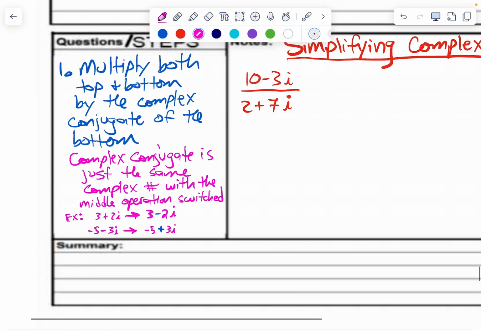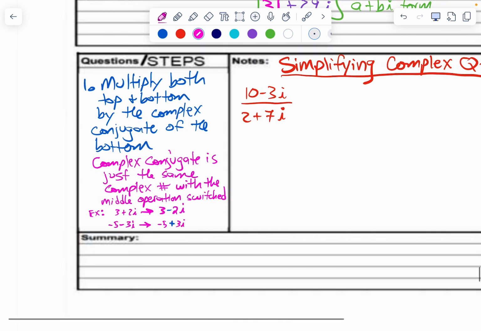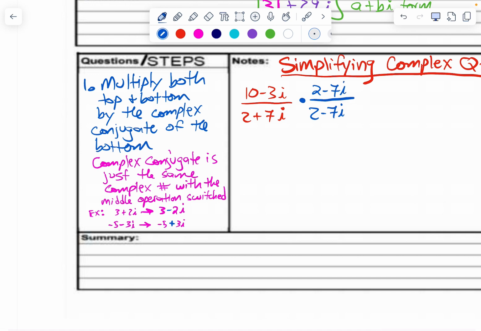So what are we going to use for our example problem? We'll multiply by 2 minus 7i. So now this becomes kind of a multiplication and simplifying problem. Sometimes it helps to put parentheses around if that helps you see it.